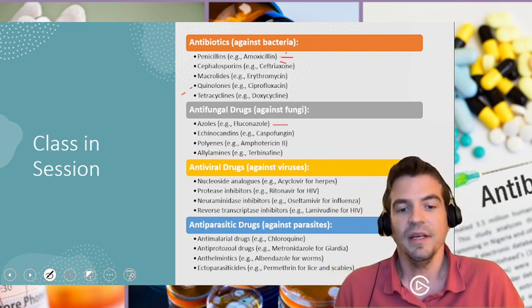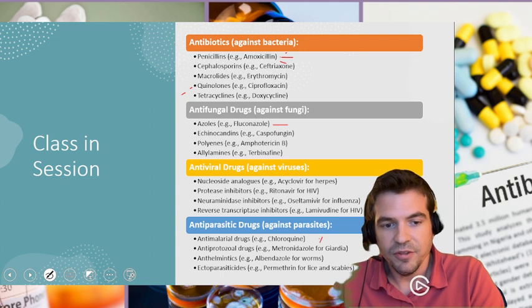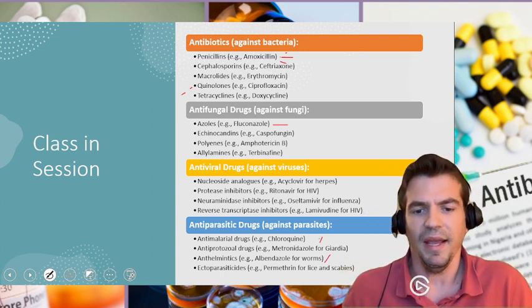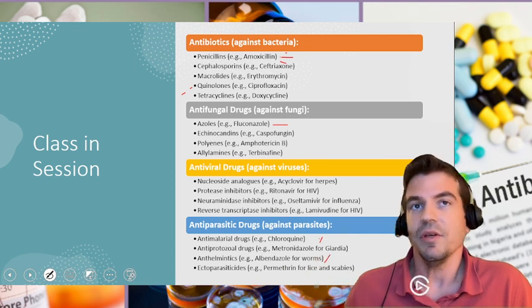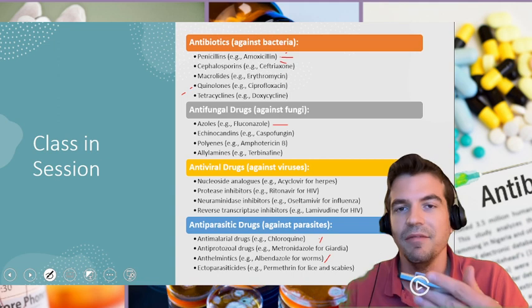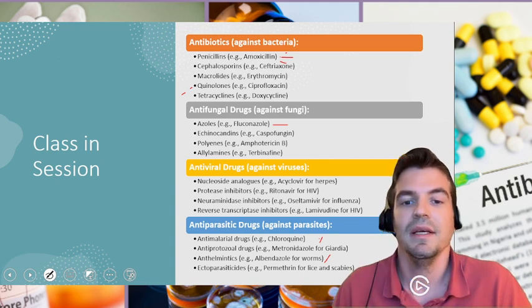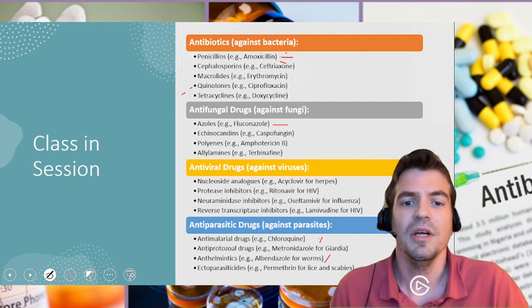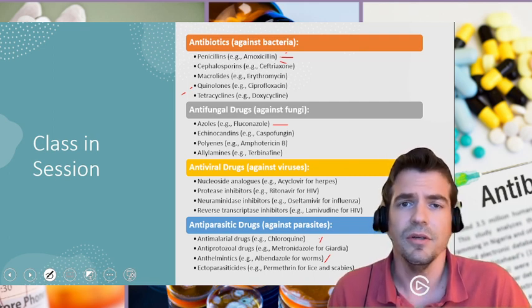You'll see azoles down here as well, and they can be used for parasites, but the question won't have you confuse the two. I like to learn azoles as antifungals: miconazole, fluconazole, ketoconazole.